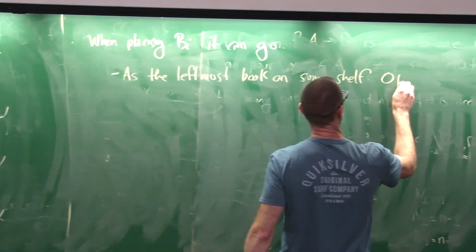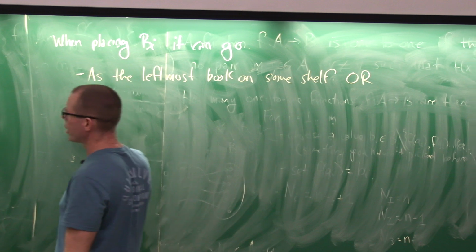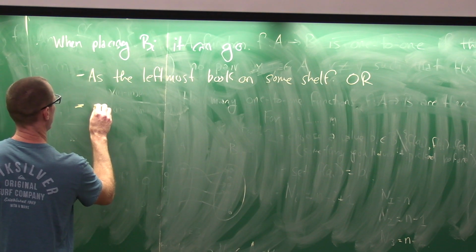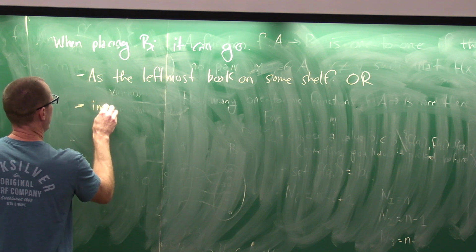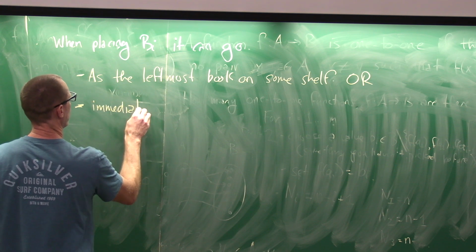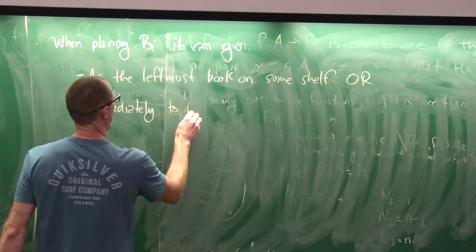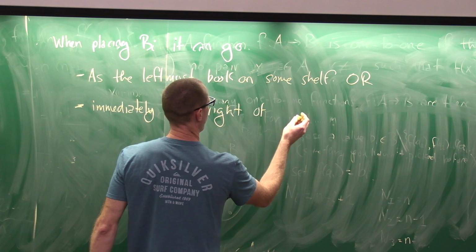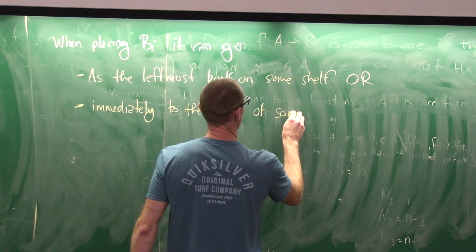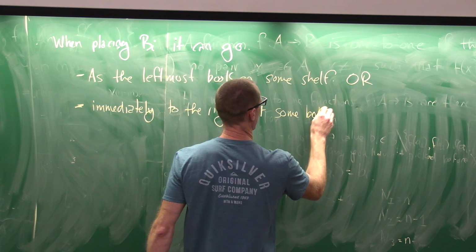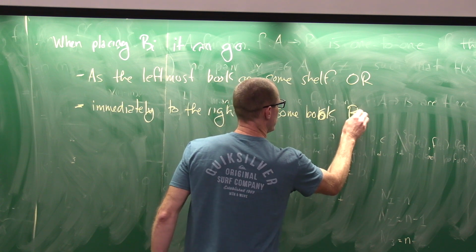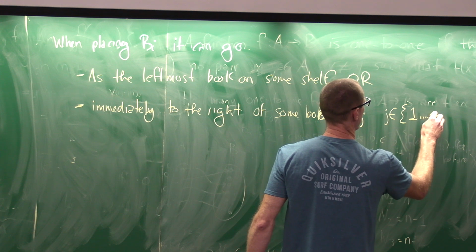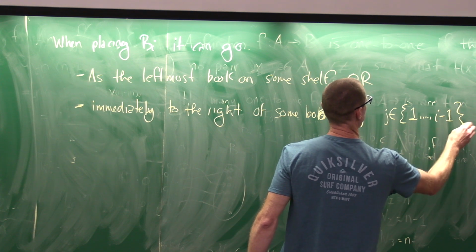Or, if it's not the leftmost book on some shelf, it can be immediately to the right of some book Bj for j in 1 up to I minus 1.